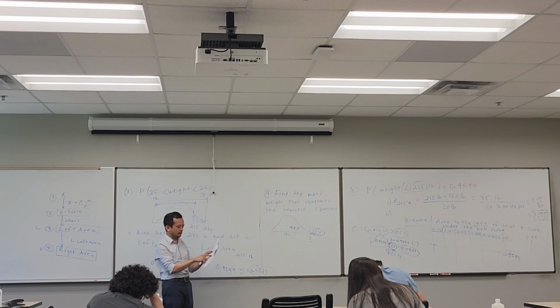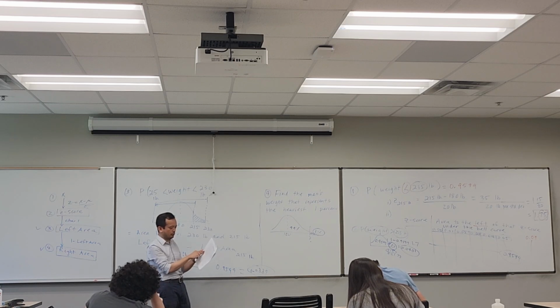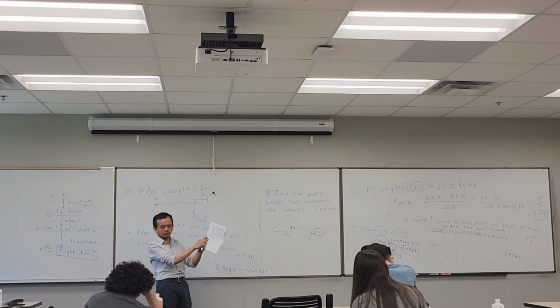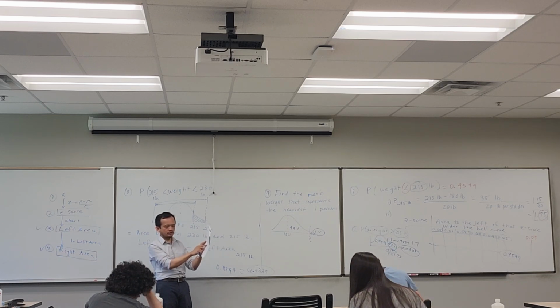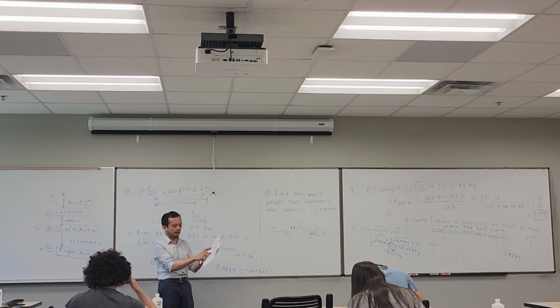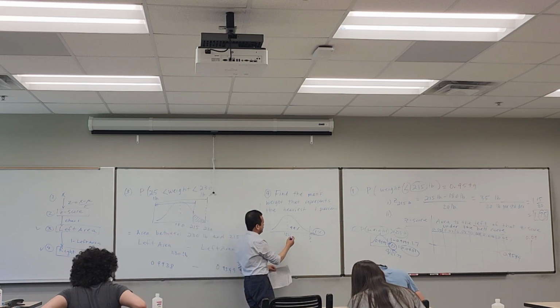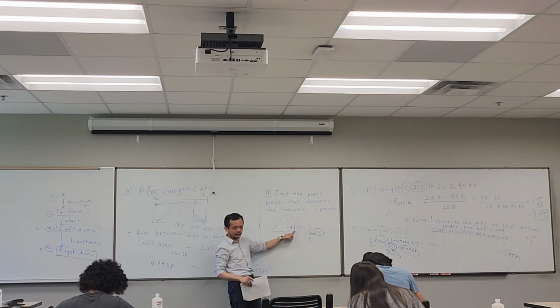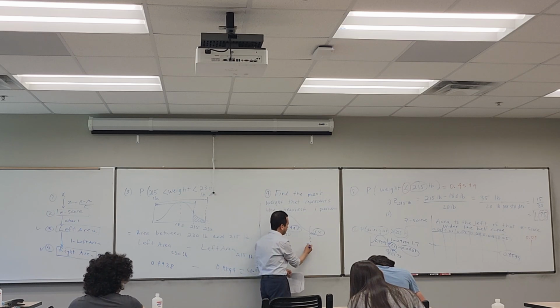Everybody find it okay? So the z-score that has a left area closest to 0.99 is going to be a z-score of 2.33.